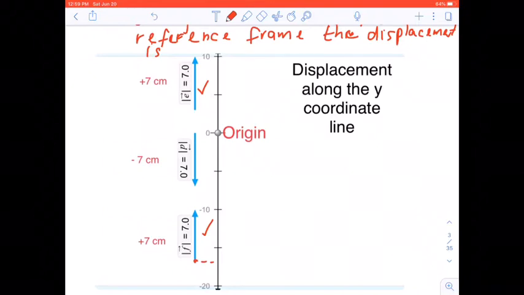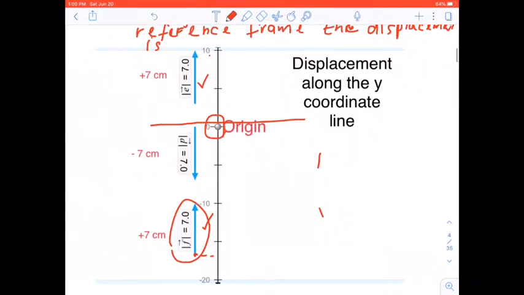You can see this displacement is in the upward direction, but it's on the positive side of that coordinate line. This one is also upward, but it's on the negative side of the coordinate line. That's important. So you can have the displacement, but you don't necessarily know which side of the coordinate line it is unless you are given the initial position.